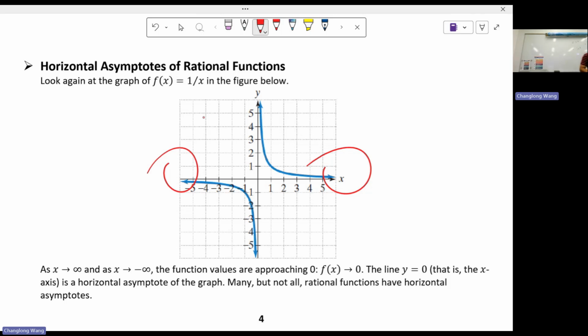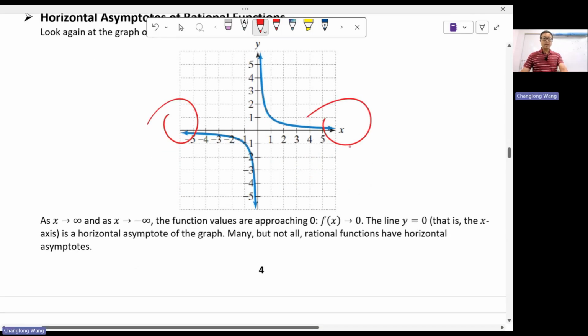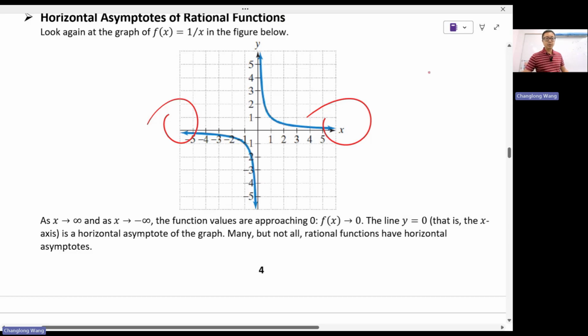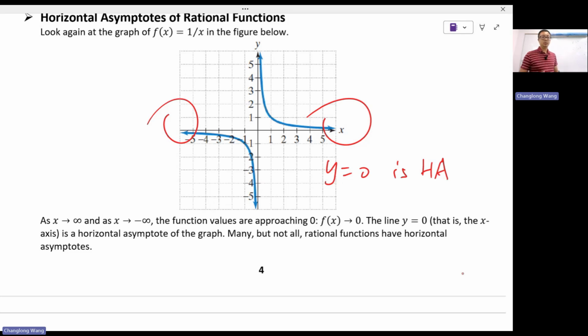But I hope that you can see either algebraically, later on, why this guy has this kind of end behavior. And to make the end behavior more readable, we will call a line like that, which obviously is the x-axis, right? So y equal to 0 or x-axis is a so-called HA, a horizontal asymptote.